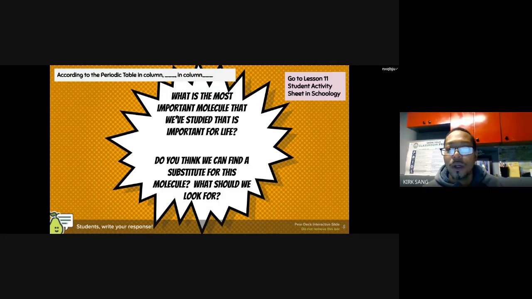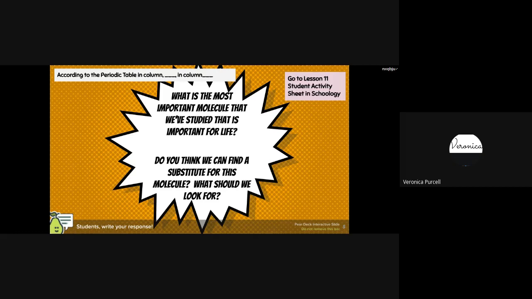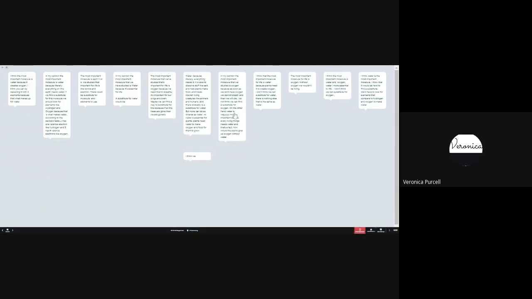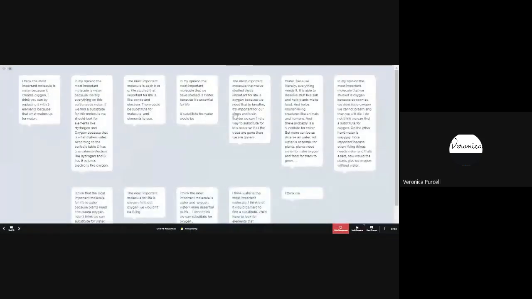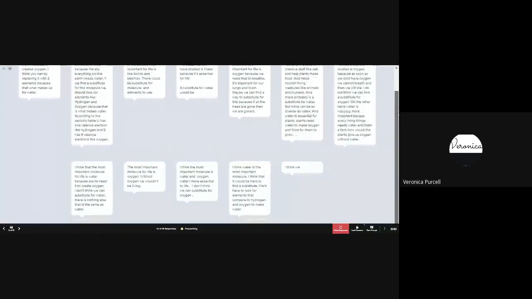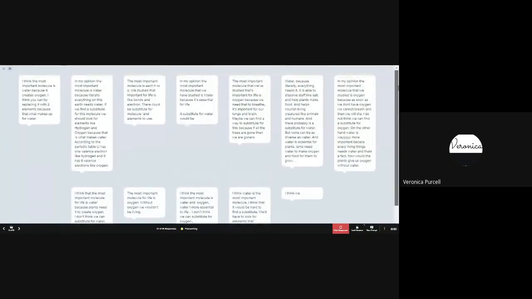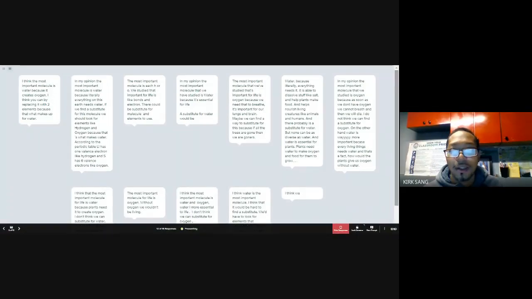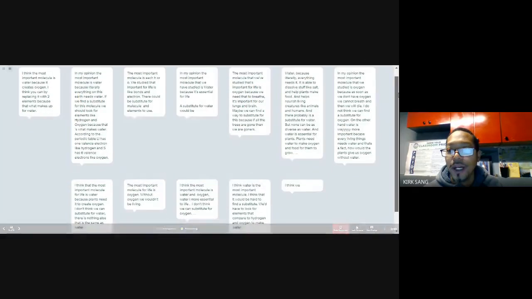We're now talking about what if we were to look for substitutes for hydrogen and oxygen? What would we look for? I guess you would just look if you're trying to replace hydrogen and the other one. I think you would find the elements that make up hydrogen and, was it, oxygen? Oh, you're looking for elements that are similar to hydrogen and oxygen. Where would you find that?